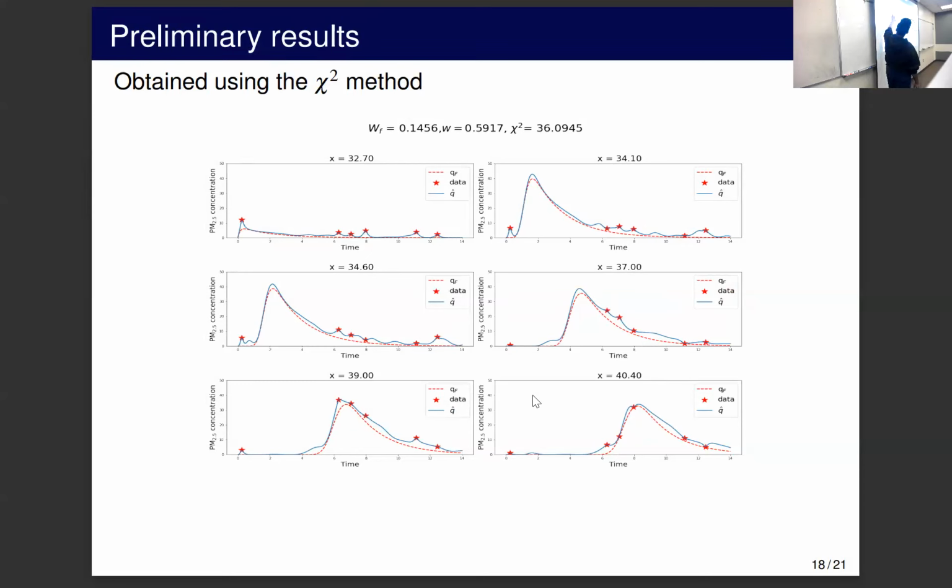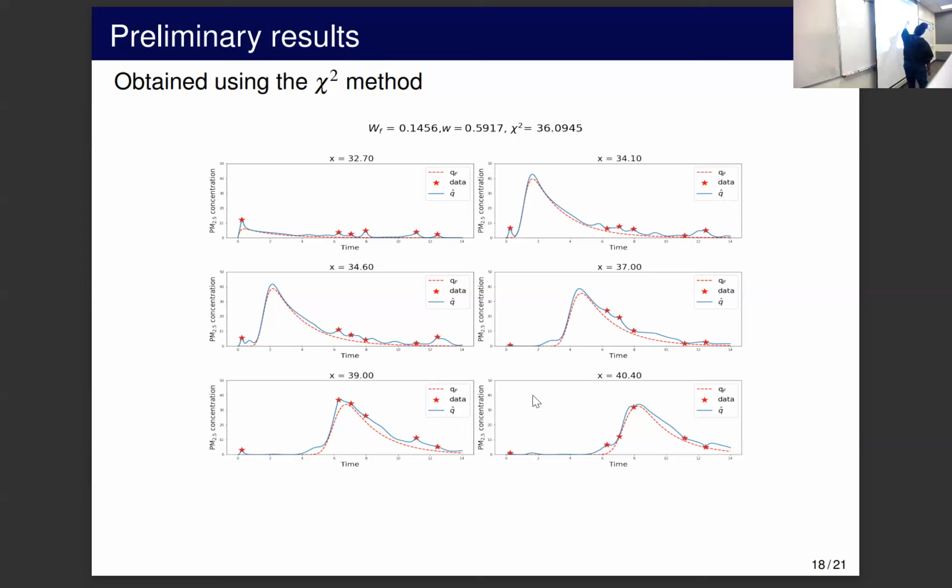Since our velocity was positive and x naught was centered at 33, the concentration at location 32 is quite low, since the concentration was moving to the right.